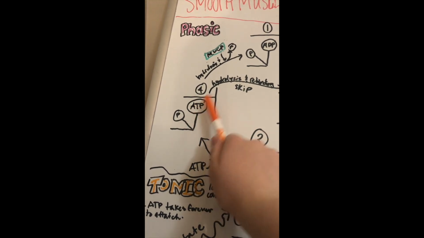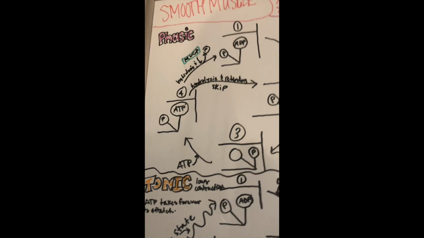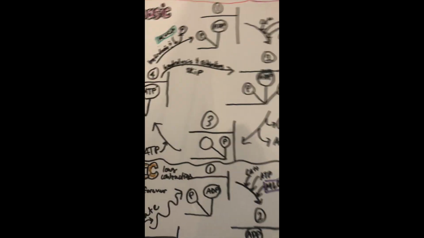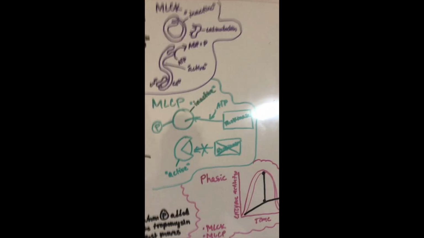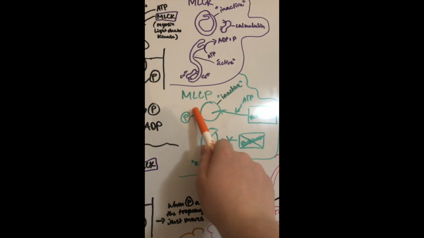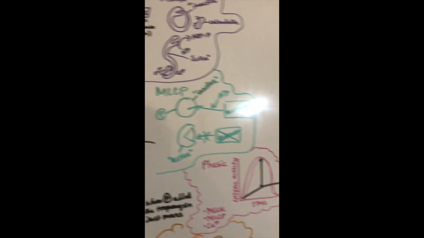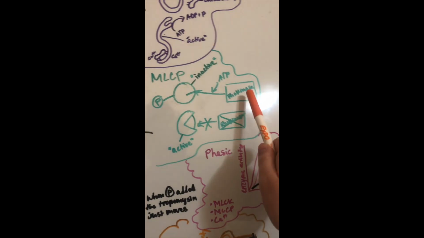The hydrolysis part is where it cleaves that ATP to ADP, and that's how we get that phosphate. Or with hydrolysis and MLCP, we're going to come over to that. This is the inactive form, where it has a phosphate attached to it, and that is brought about by Rho kinase.